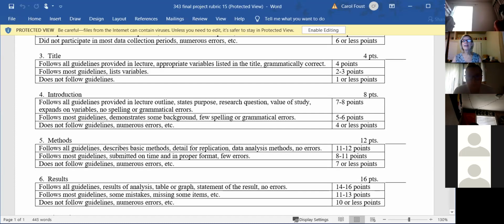So you've got to say, the purpose of my study is to look at relationships between these variables, or the purpose of my study is to see if there's a difference between these 2 groups on this variable. Then you're going to discuss those variables briefly. Discuss sexuality education. Discuss sexual knowledge.